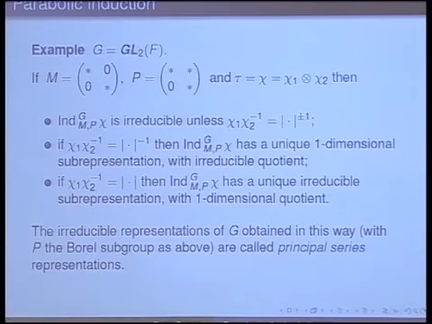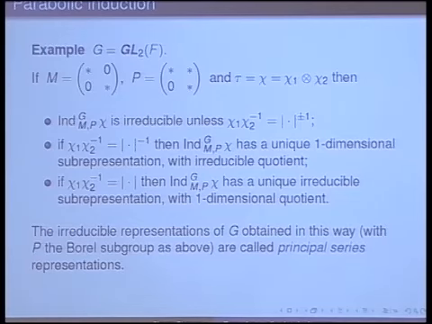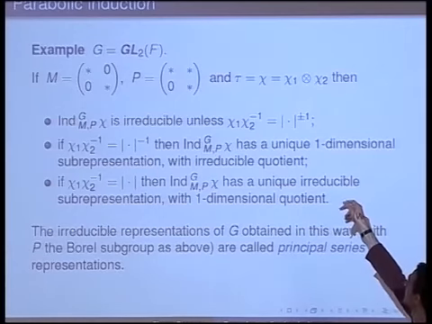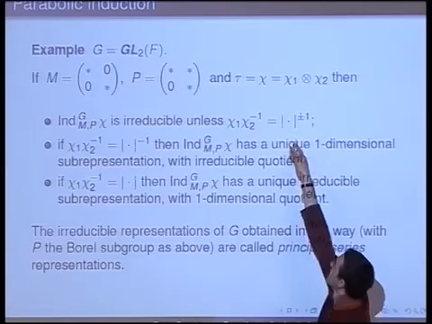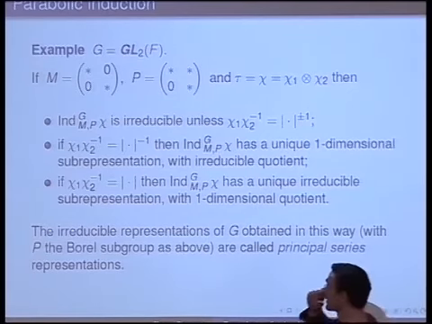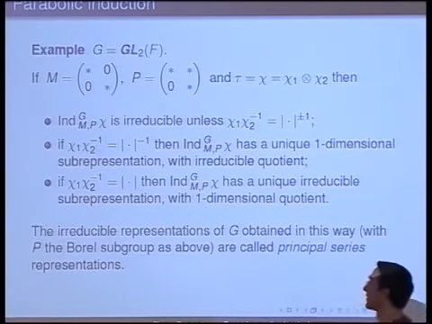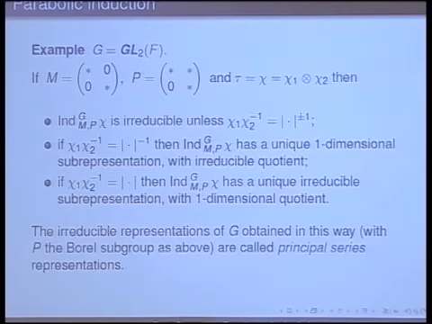And then what one can check is what happens when we induce. When we induce, you get something irreducible. The only time you don't is when χ1 and χ2 differ by just the absolute value function or its inverse. Then there are two things that can happen, depending upon whether χ1 χ2 inverse is the absolute value or its inverse.